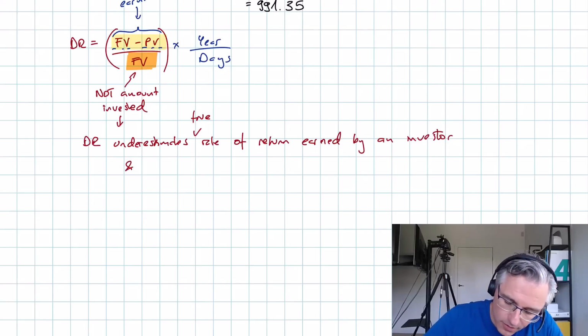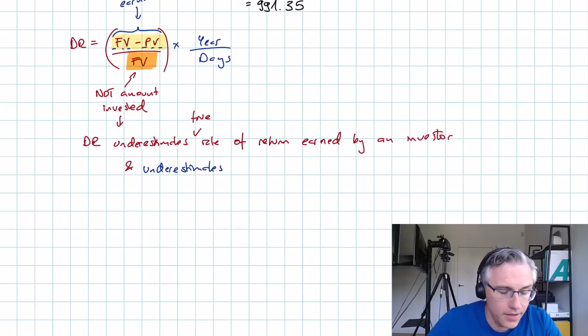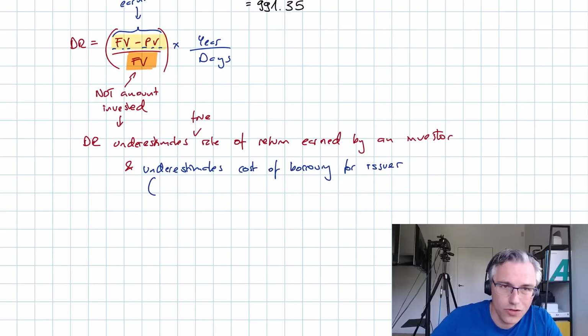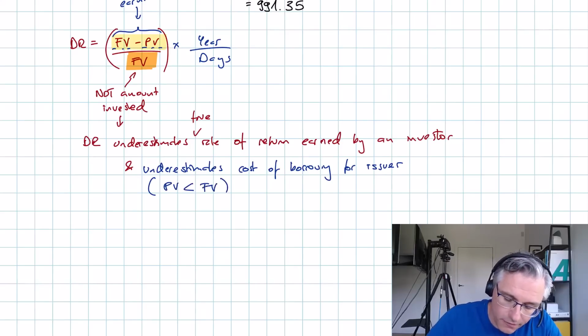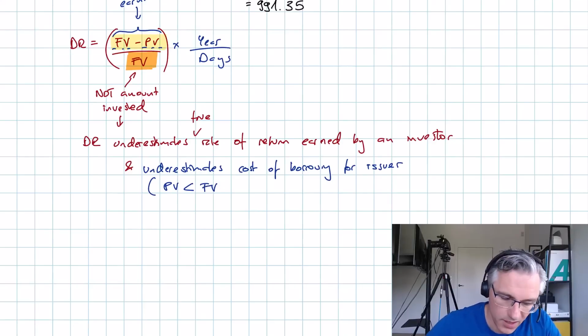It also underestimates the cost of borrowing funds for the issuer. That's obviously because typically PV is lower than FV, so the amount you put into an investment is lower than what you get out of it.